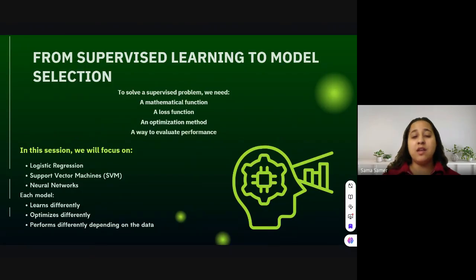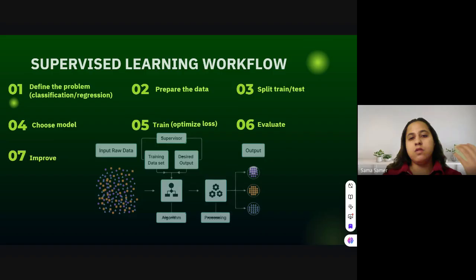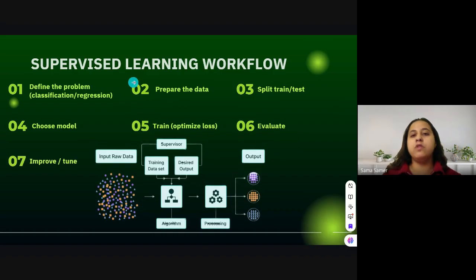And the second thing is that you don't have to know all of the parameters of the model, but you have to know how the model works, how to optimize it, and how to use it. So when you use it in a problem, you don't have any problem thinking about or knowing how it works. So let's dive deeper inside the supervised learning workflow.